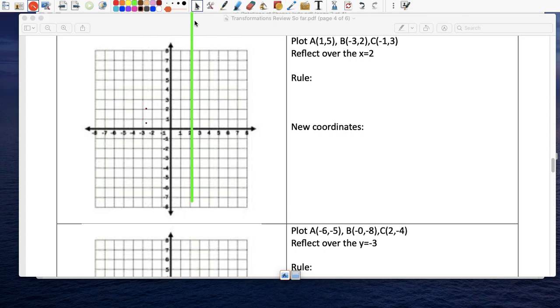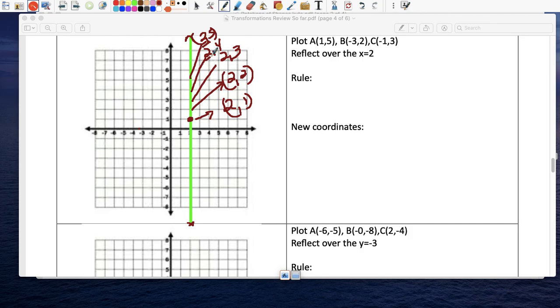And just to recap, why is that line called x equals 2? Well, let me pick some points on this. Let's look at this point right here. That point is 2 and 1. The next one, 2 and 2. The next one, 2 and 3. The next one, 2 and 4. See something in common? The next one, 2 and 5.